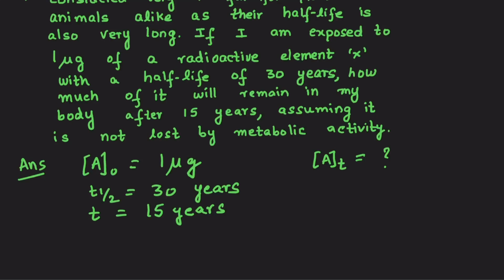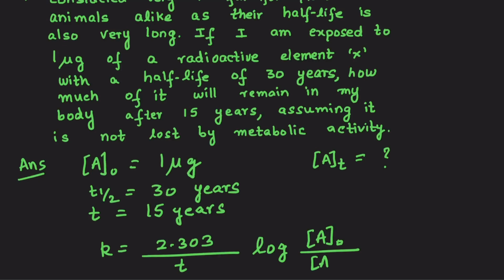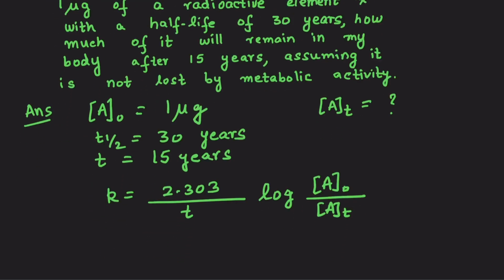Now, if I have to determine AT, that means I need to use the expression K is equal to 2.303 upon T log of A0 by AT, right? But I don't even have the rate constant.